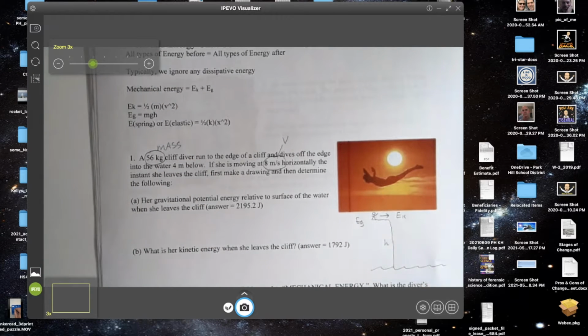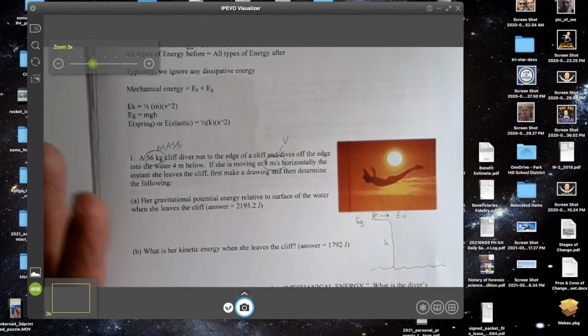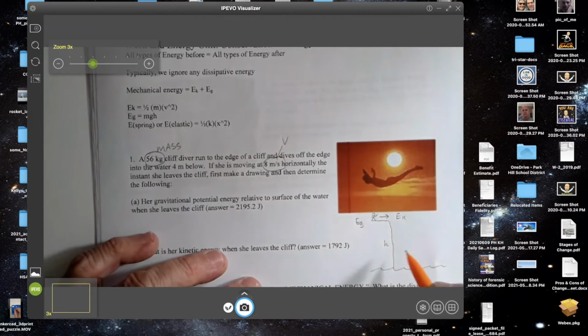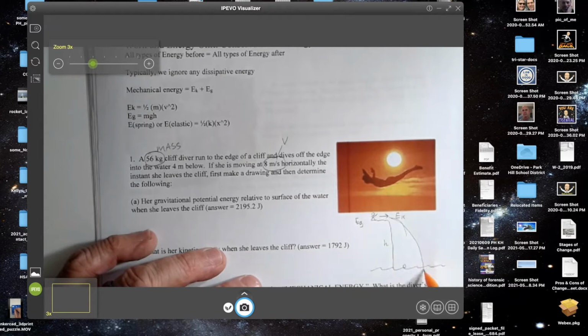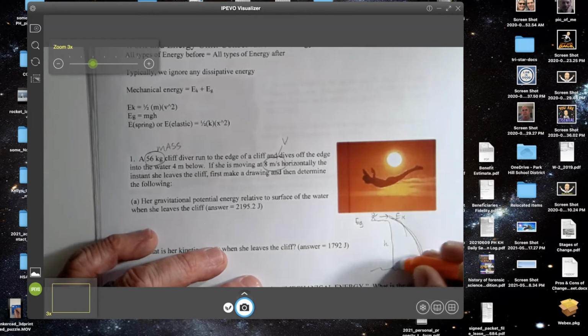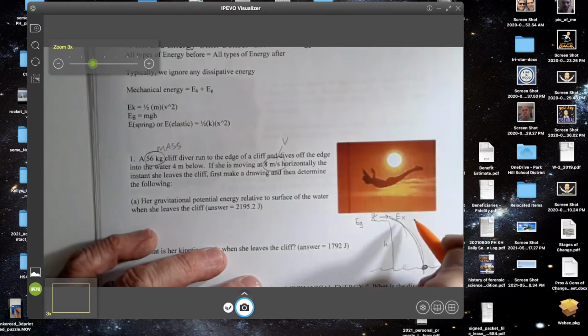There are no springs or elastic material involved, so we don't need to worry about elastic energy. She's going to come off here in a parabolic motion, and she's going to enter the water at this position. So we're looking at position 1 here and position 2 there.